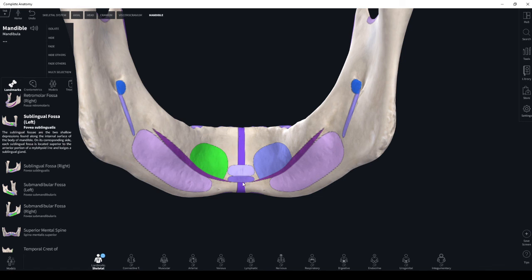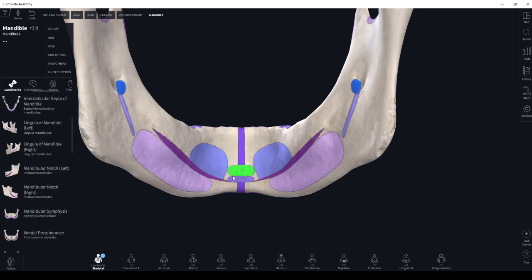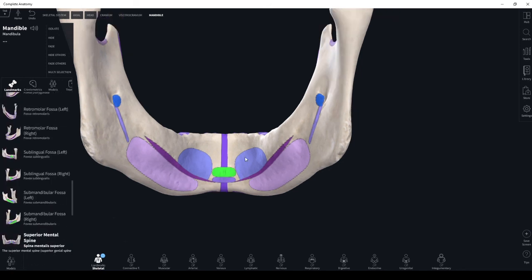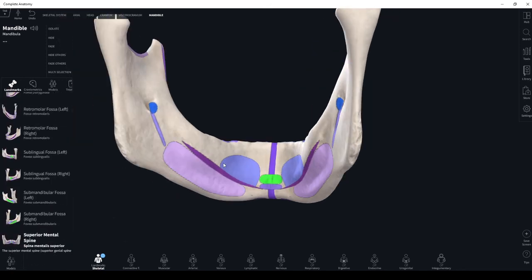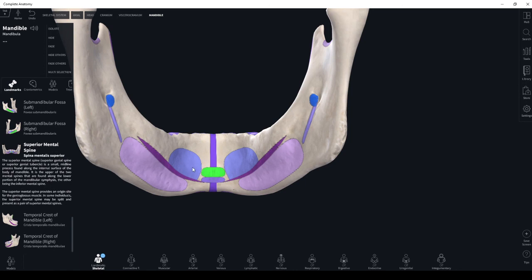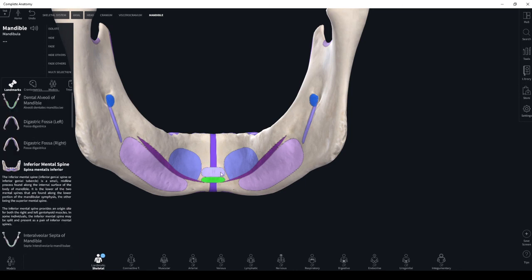On the midline is the same suture in childhood and symphysis in newborns and adults. It is a fusion into one complete bone, but on the inferior aspect of this symphysis, where two halves fused into one, you can see the superior and inferior mental spines, which can be found as one spine, paired or unpaired.